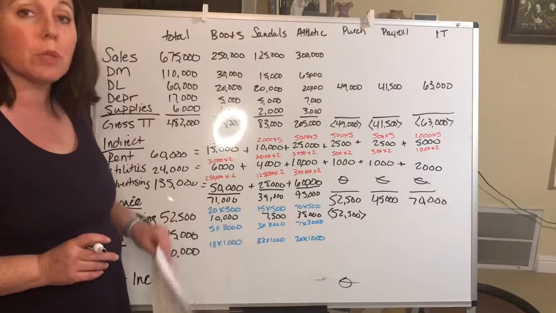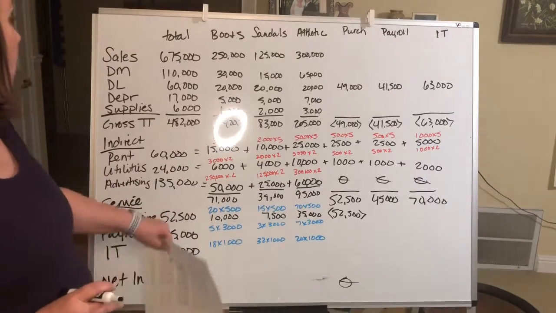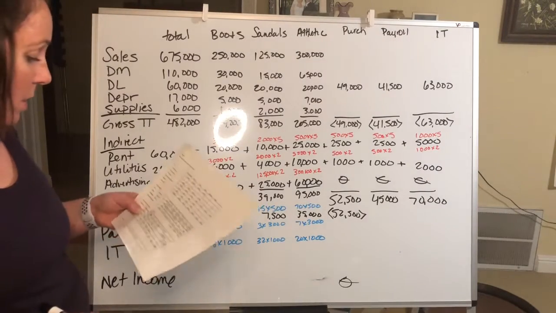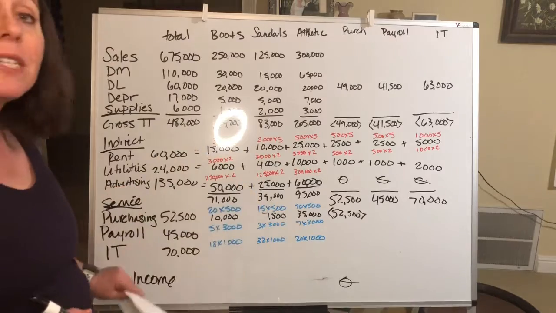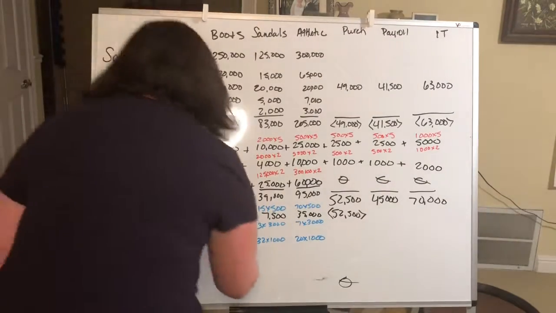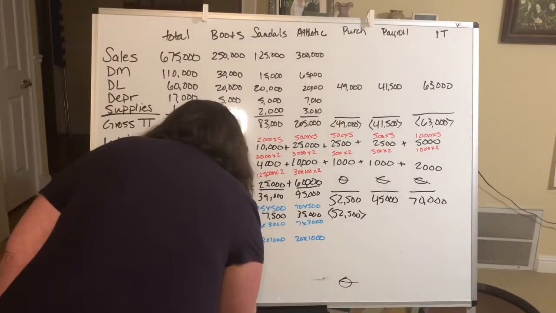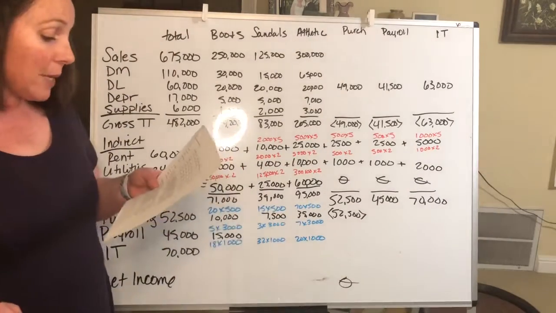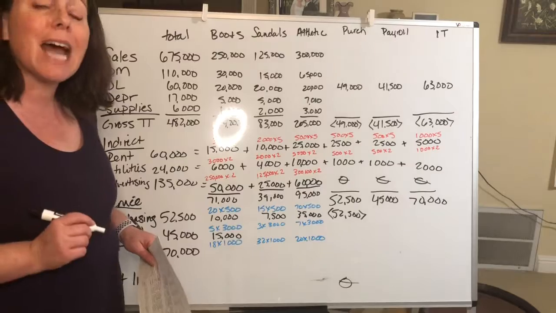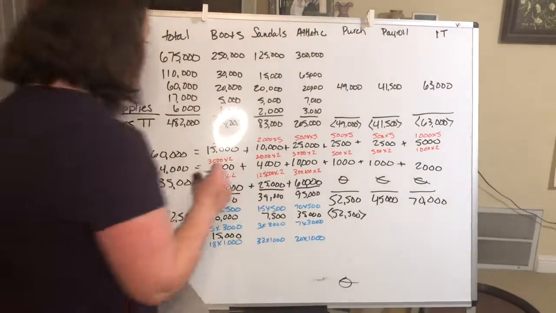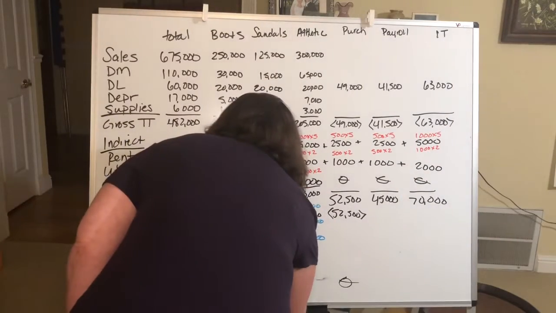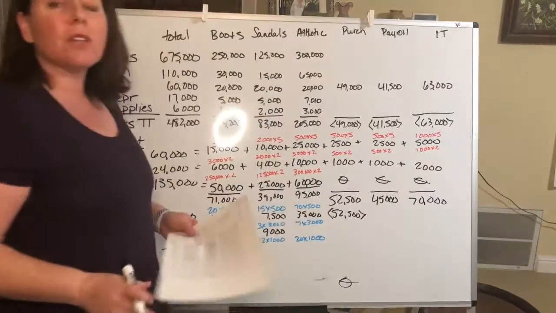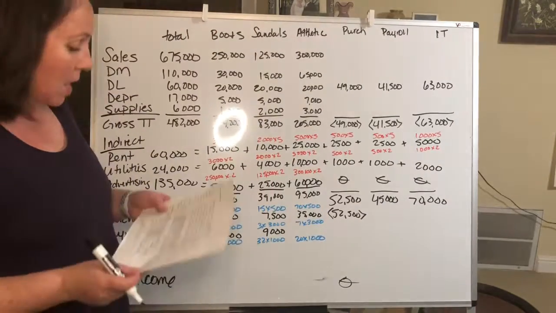$3,000 per employee. Boots has 5 employees, so they are going to get $15,000 of payroll costs. Sandals has only 3 employees, so they're going to get $9,000 of payroll costs.